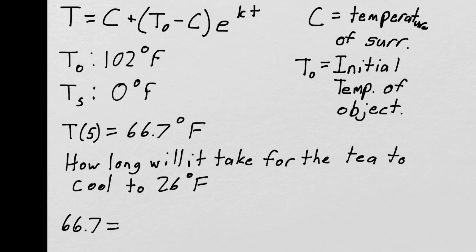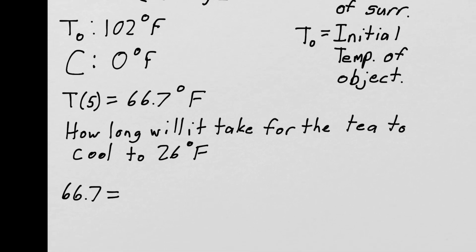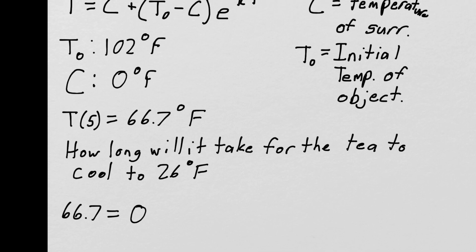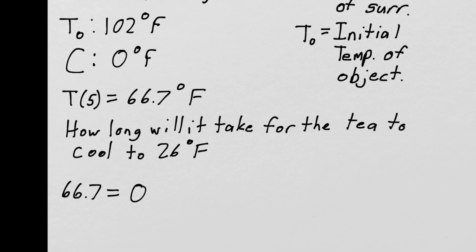I should have called it C, being consistent with what the book uses. At any rate, that's 0 in this case. And then T0 is 102. Temperature of the surroundings is still 0. e to the k times 5, or 5k.